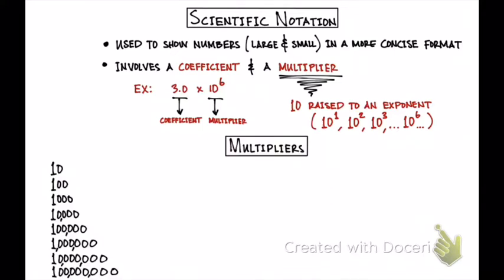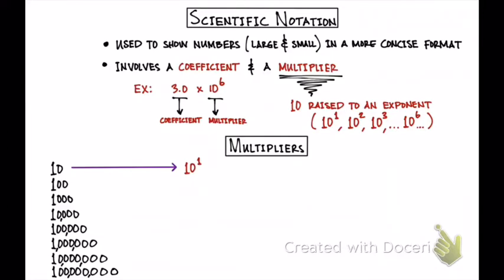So let's look at more examples and see how multipliers actually work. So here's a bunch of numbers, right, from 10 to 100 million. And we don't want to keep writing a bunch of zeros. And so we have to use exponents, right? So the number 10, you can rewrite this in the form of a multiplier, or a power of 10, by simply using the number 10 and then raise it to some number, right?